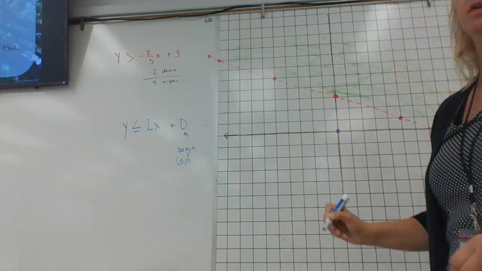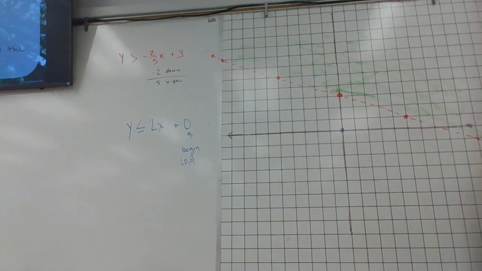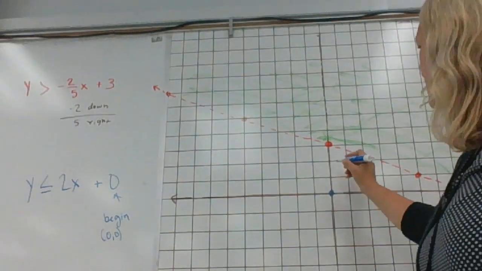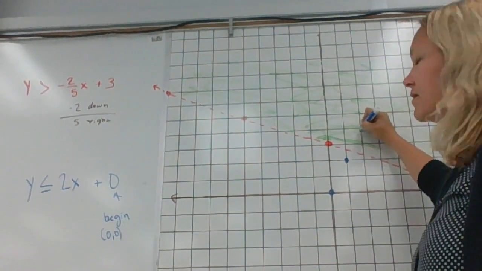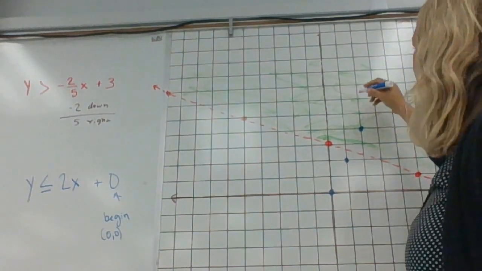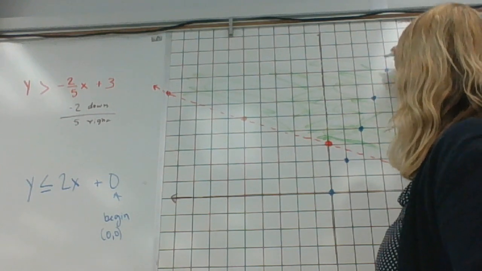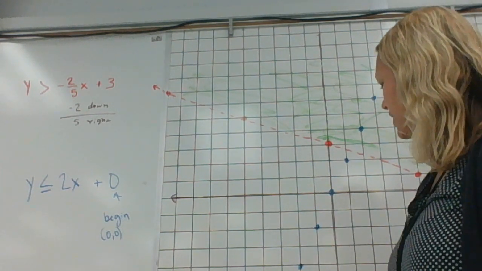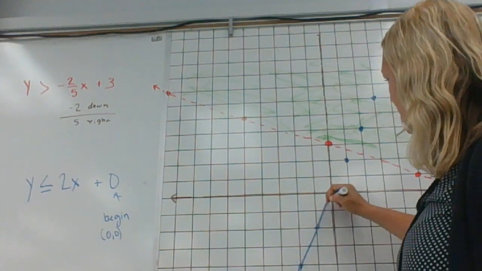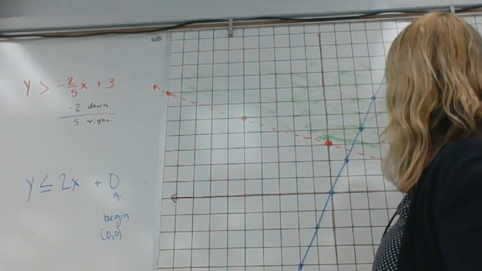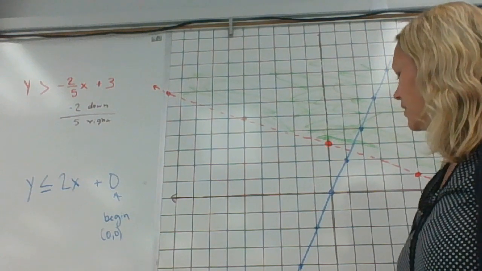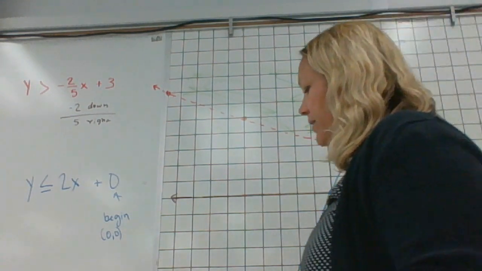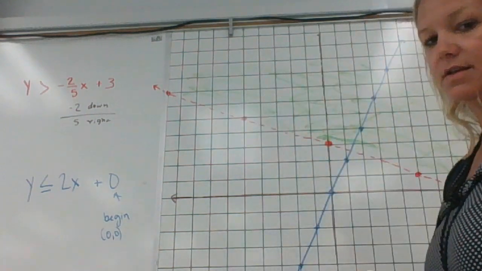So now we're at the origin. Up 1, over 1. And this time, should I do a dashed or a solid line? We can do a solid line this time. And I'll put my pencil on my y-intercept and I'll shade down because this reads y is less than.